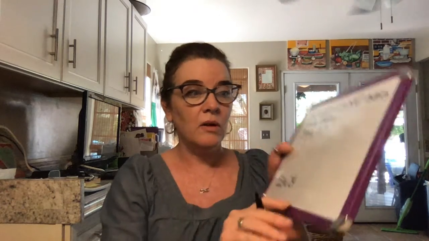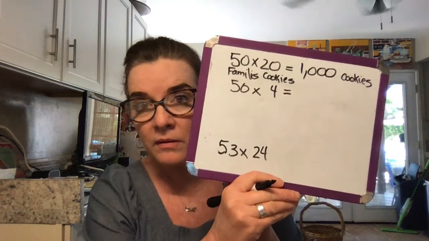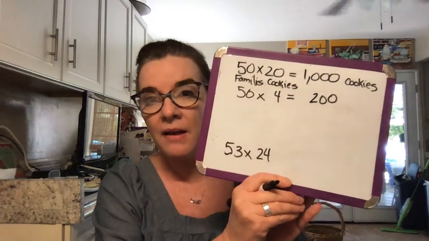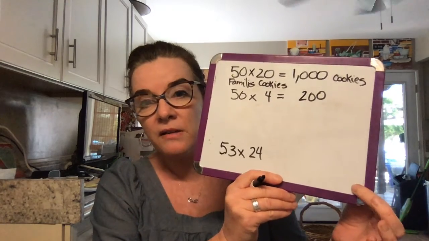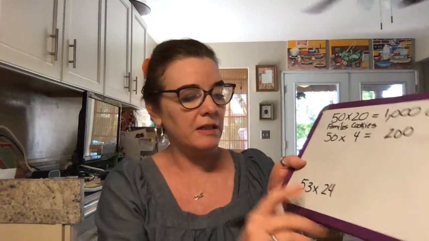All right. So let's do 50 times the rest of that 2 dozen, which is 4. And we did that before, right? So that's 200. All right. So I have my 50 times 20 and my 50 times 4.